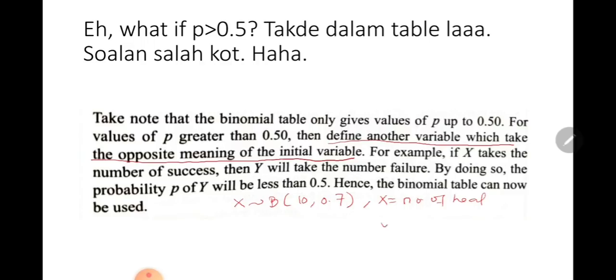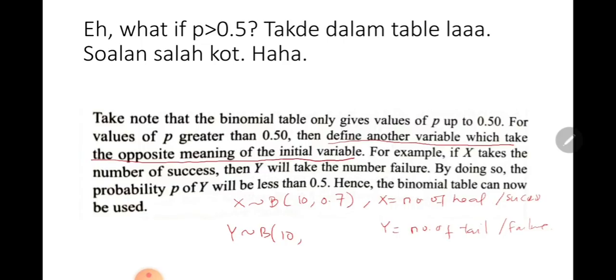So we can always define Y. Y will be the opposite, because in binomial there's only 2 outcomes: head or tail, success or failure, defect or non-defect. We can define Y as the number of tails. Or this one is a success, and this one is a failure. So Y will be binomial also with n 10, but 0.7 is the probability of success.